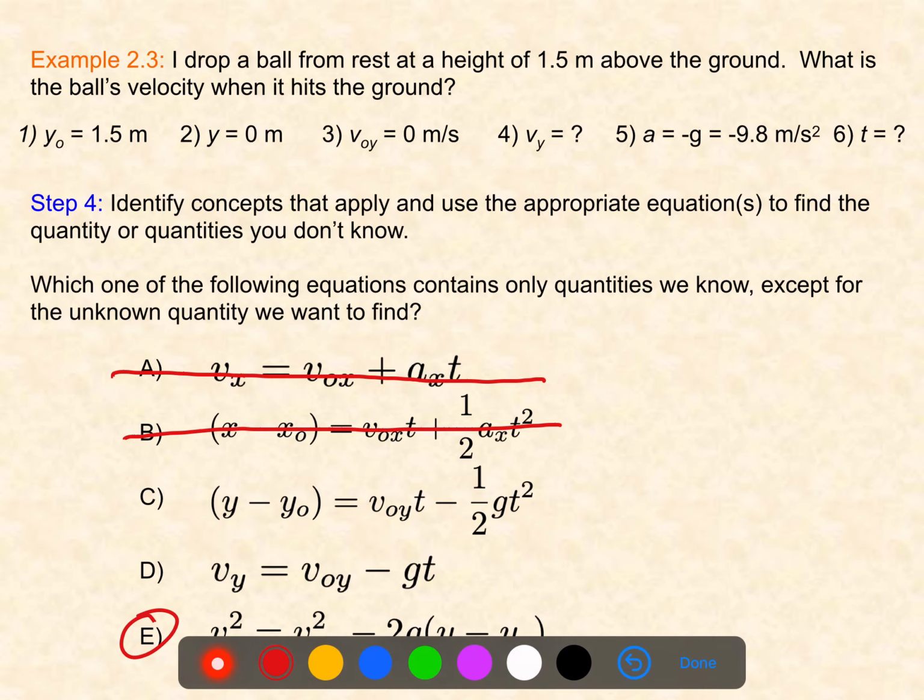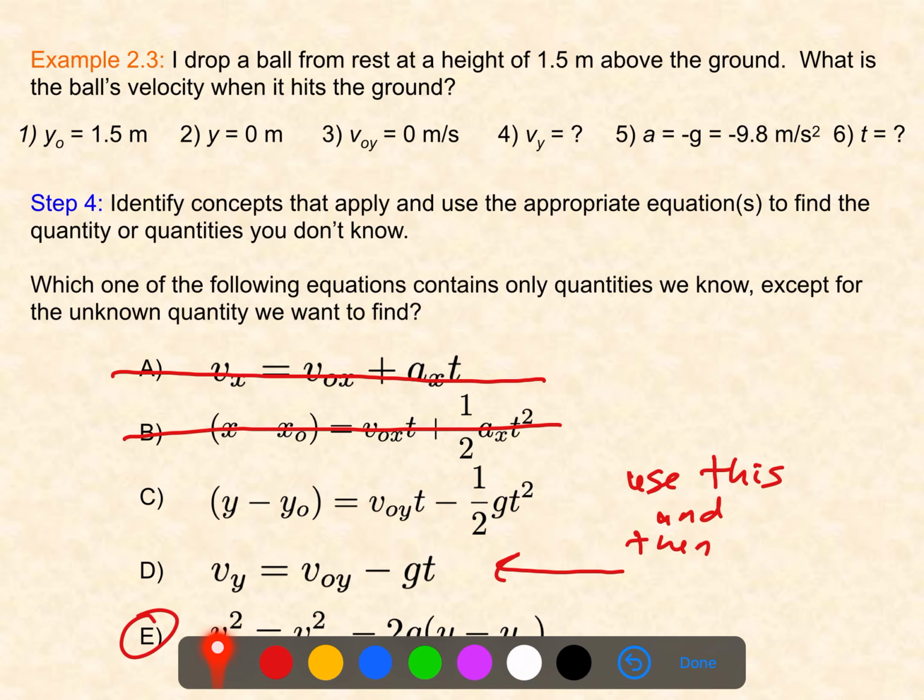But it's worth saying that you could instead use C to solve for one of these two unknowns and then use D. In other words, I could use C to solve for the time, and then plug that time into D in order to solve for the final velocity.